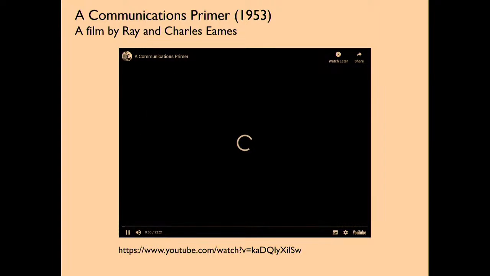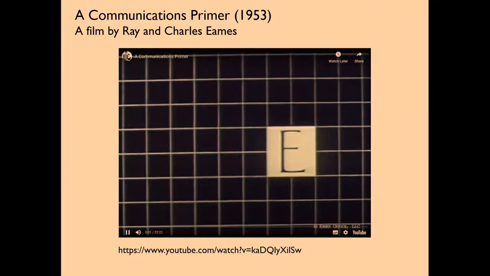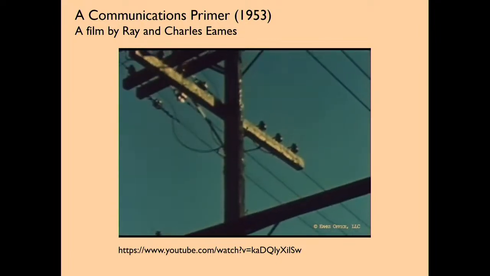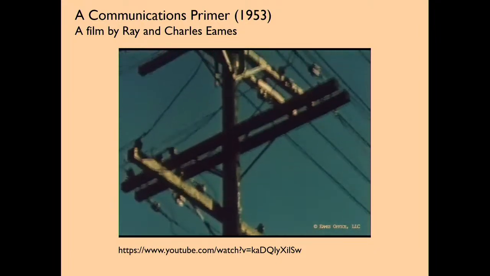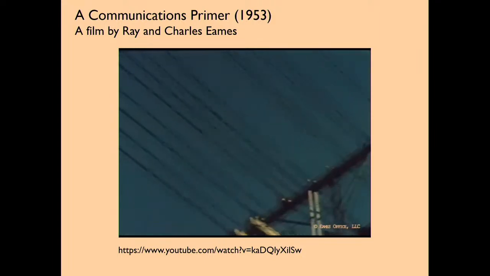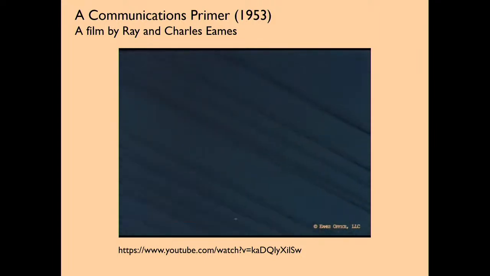I won't be able to play it, unfortunately, because of lack of time, and it's quite a long movie, but it gives you a wonderful idea of what Shannon's theory is all about. So if you are interested, please do take a look at this movie. The slides would be available online, so you can use this YouTube link to watch it.